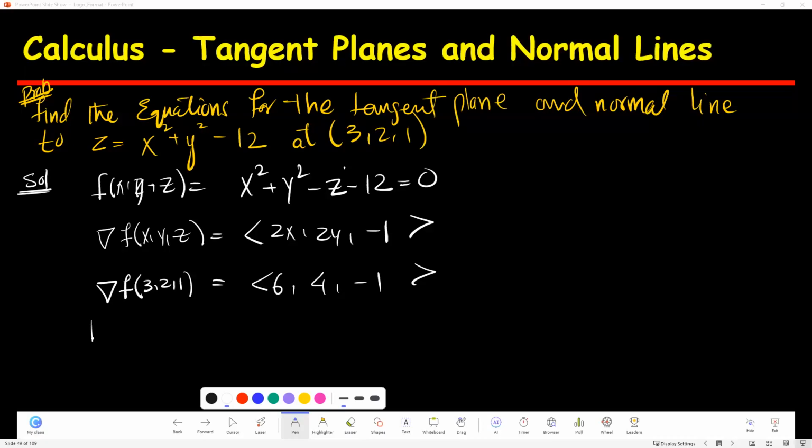Now I'm going to be writing the plane equation. I'm going to say normal plane. And I'm going to write the equation one more time so we remember.